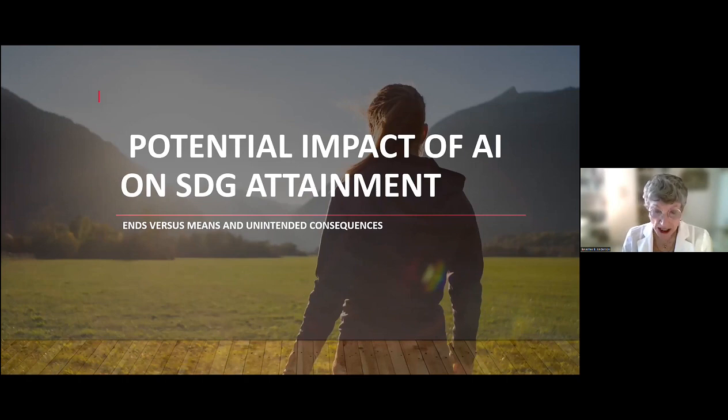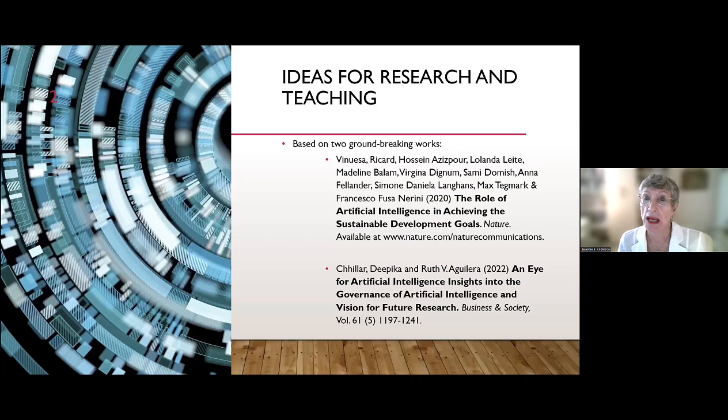The presentation is really geared toward looking at approaches to teaching and researching this particular topic. I consider that anyone going to either teach or research in this area would really benefit from reading two groundbreaking articles, which I think are fantastic.